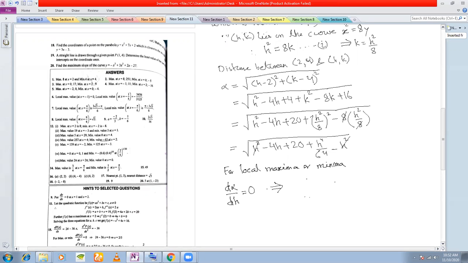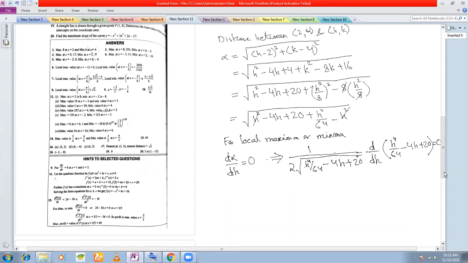So now if you differentiate this, first we'll differentiate the radical. 1 by 2 root of the radical, whatever is there in the radical, you have h to the power of 4 by 64 minus 4h plus 20, into d by dh of h to the power of 4 by 64 minus 4h plus 20, is equal to 0.